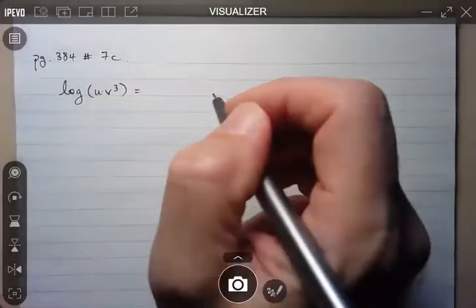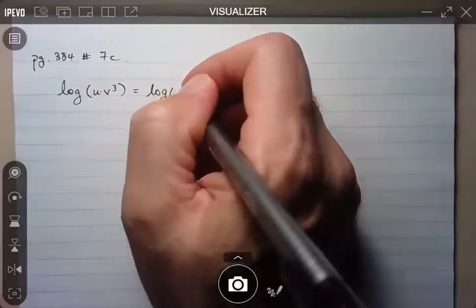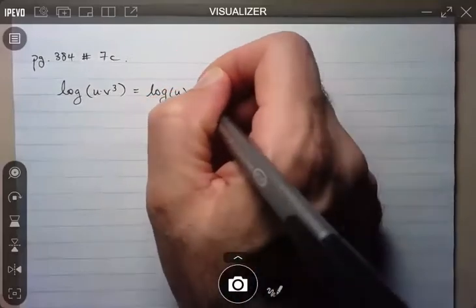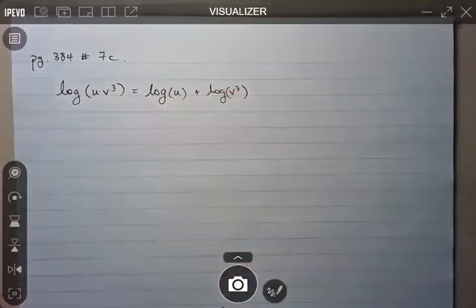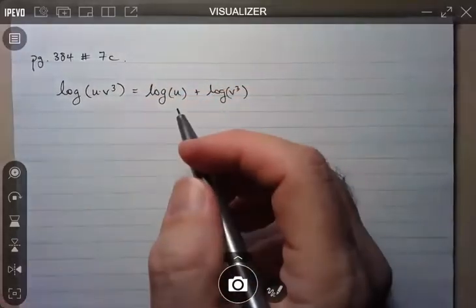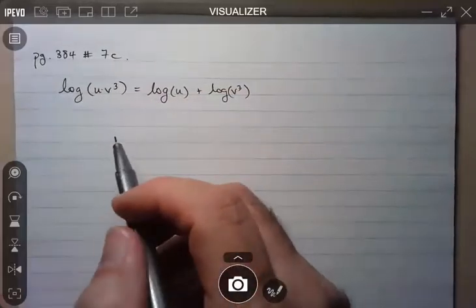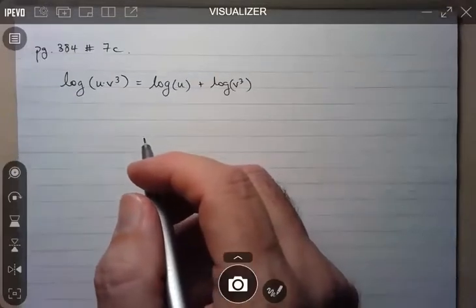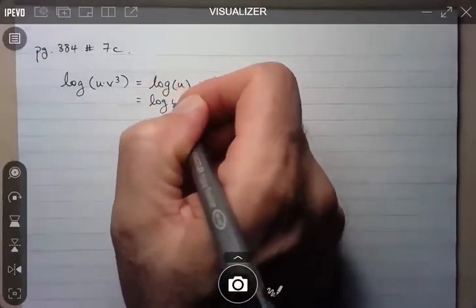And so the log of the product is the logarithm of the individual expressions. So it's going to be log of u plus log of v cubed. Okay. So again, see what I'm doing when I use the rule. I try to say what the rule is doing instead of just memorizing some big, long math sentence. Now, log of u here, not really much else I can do.